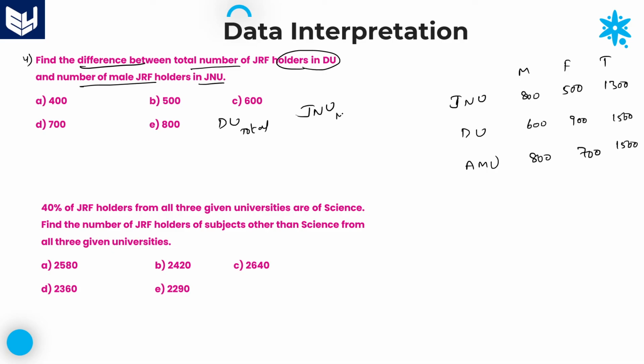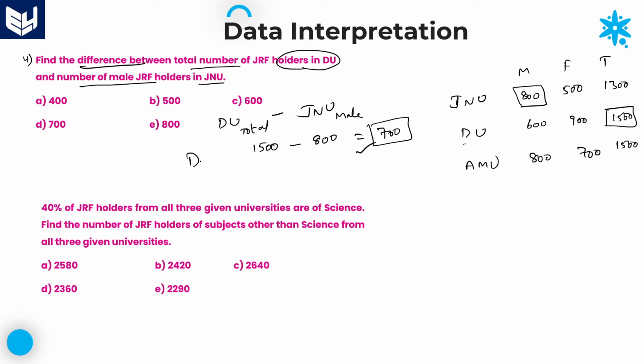DU total is equal to 1500. DU total minus JNU male JRF holders, that is 800. The difference between these two is 1500 minus 800, that is equal to 700.